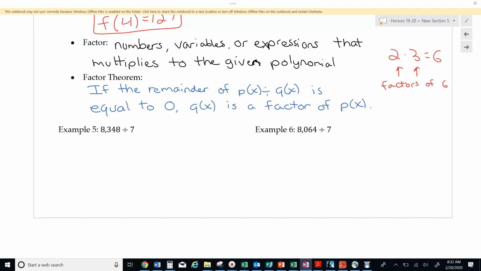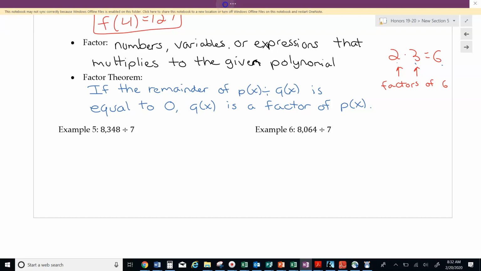Okay, so if the remainder is 0, then yes, it's a factor, which makes sense, right? Since I can multiply these, if I divide them, they divide evenly, right? That's really just what the remainder of 0 means, it divides evenly.